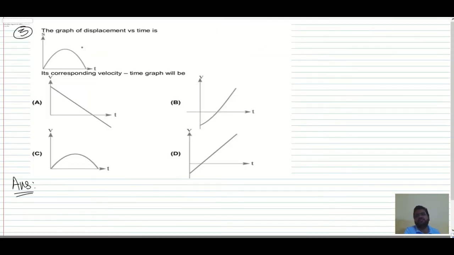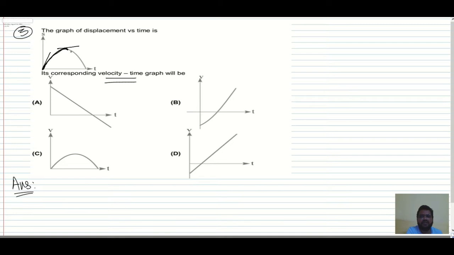Now the next question, the displacement time graph is given, its corresponding velocity time graph we want. Okay, so displacement time graph, initially the velocity is decreasing. As you can see, initially velocity is greater and finally velocity is 0, which indicates it is decreasing.